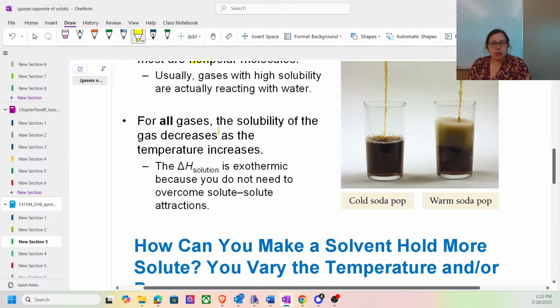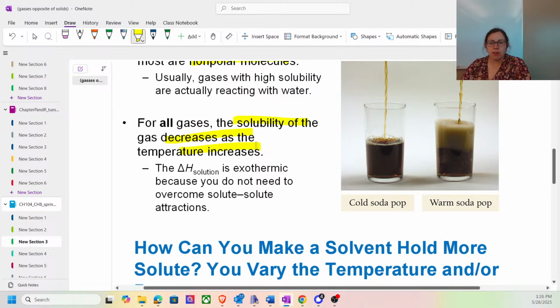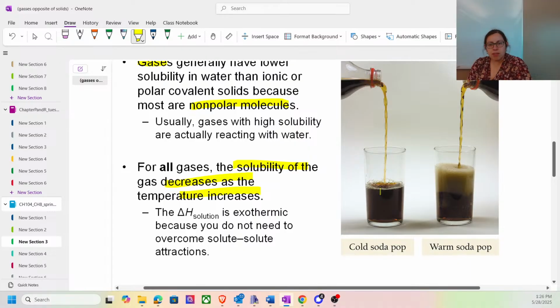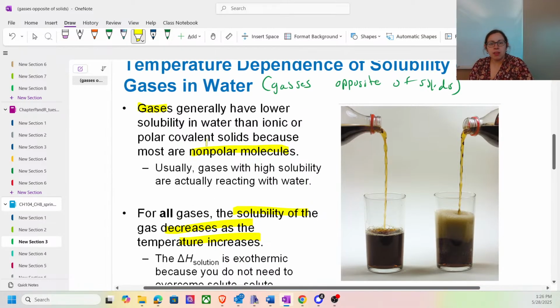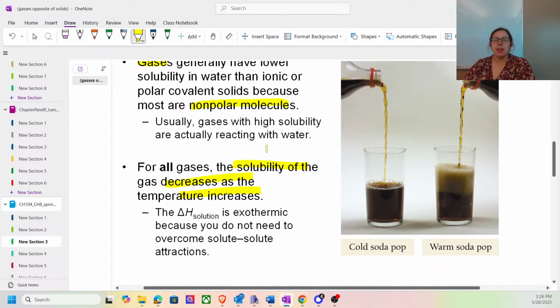So that kind of makes sense for these weird gas liquid solutions. If you're heating it up, it causes our gases to escape, especially as they get more energy. And they have pretty weak interactions to begin with, so that's what it's saying here.